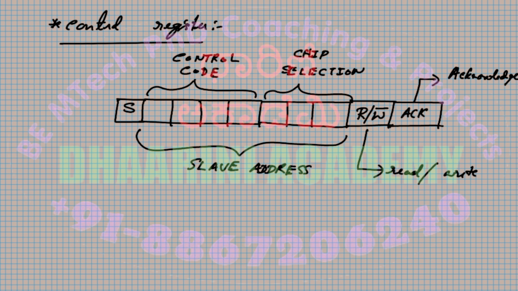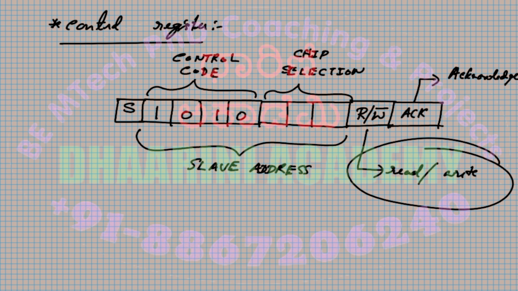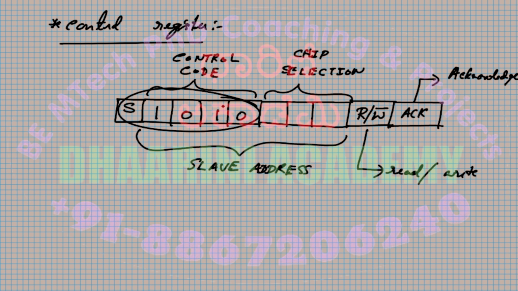Data transfer, read, write actually has 1010. Whenever you see 1010 here, it understands that the operation to be performed will be a read or write. Then this bit will decide whether you are reading or not. So it will always remain 1010 in our case.